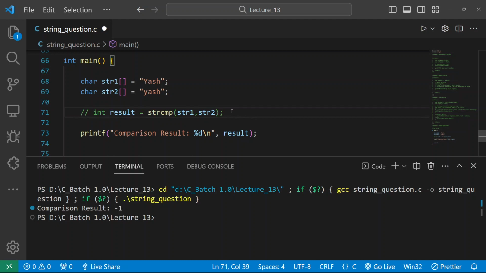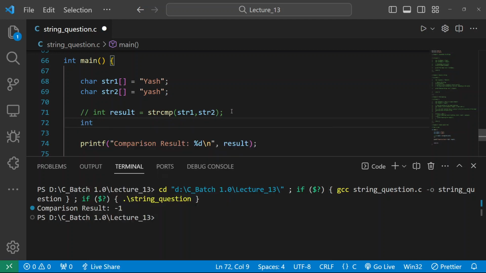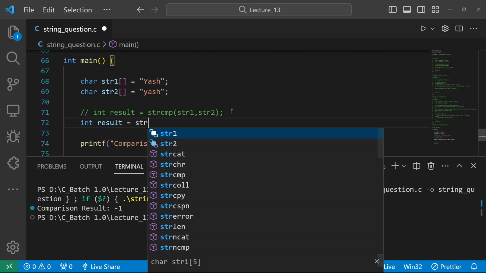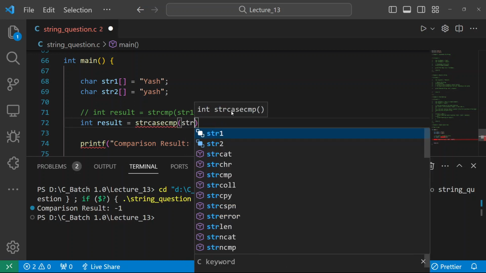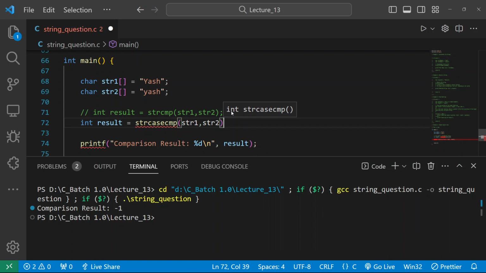For that, we have one more very important function. If you want to compare such strings, the function name is strcasecmp. Write strcasecmp and then str1 and str2.